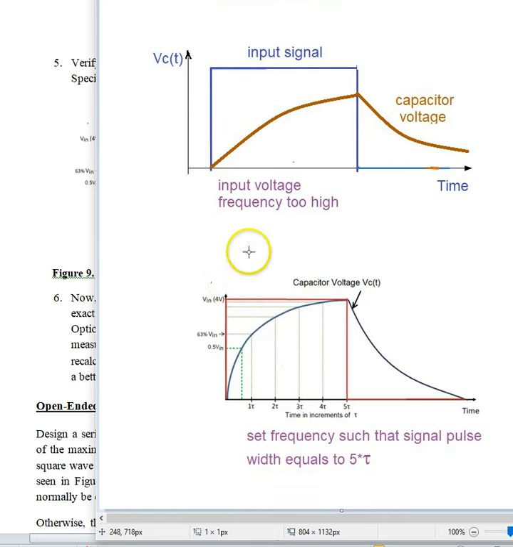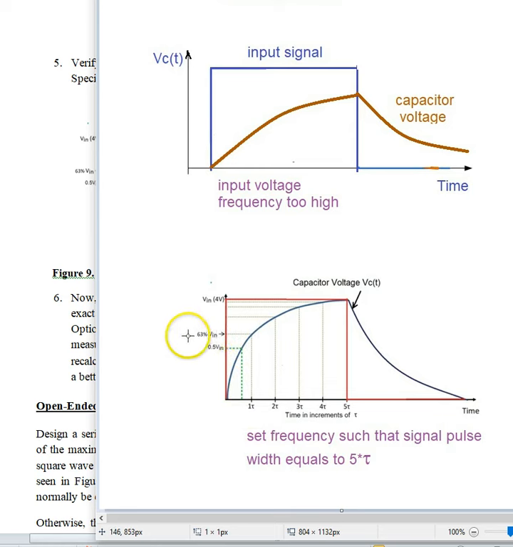You may want a situation where the frequency is such that the capacitor is comfortably charging to the fullest. We know that it takes about 5 tau to reach the fullest value. So if we set the pulse width of the square wave equal to 5 times tau, then we would see nice waveforms and be able to measure tau.